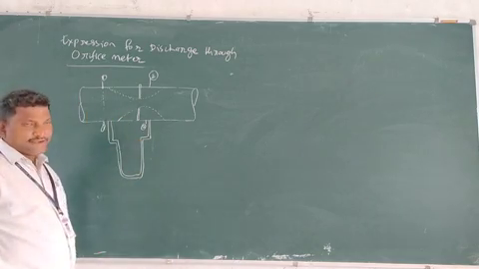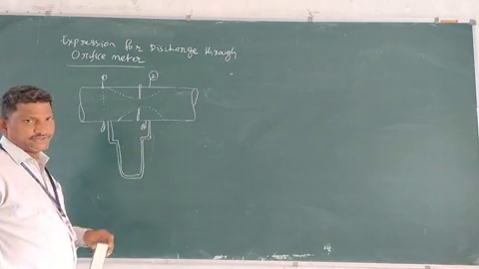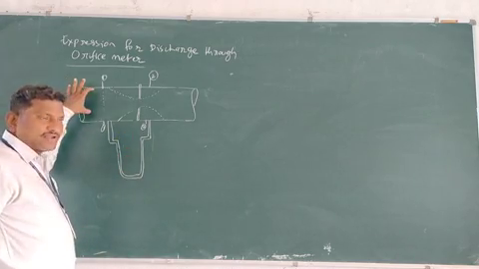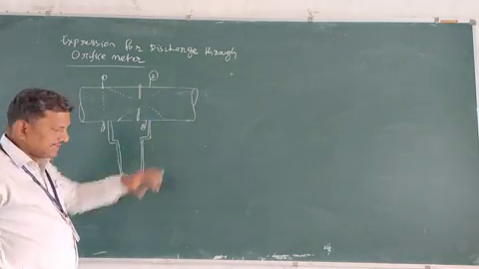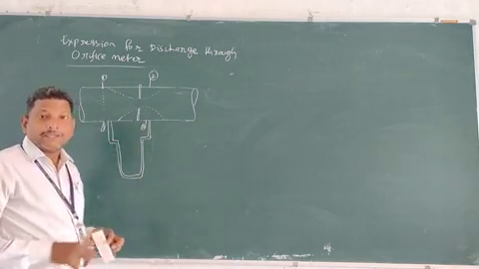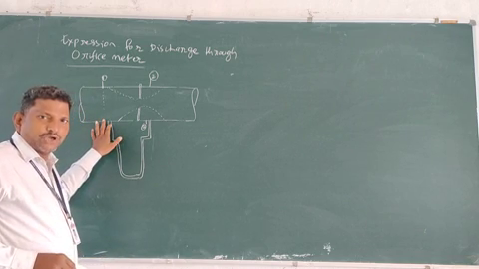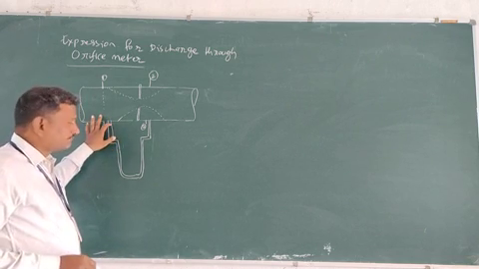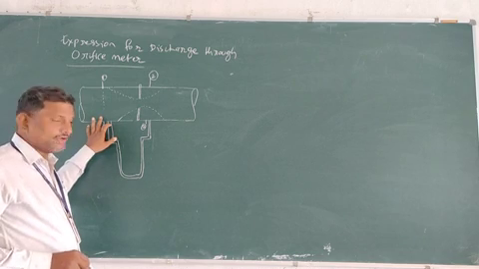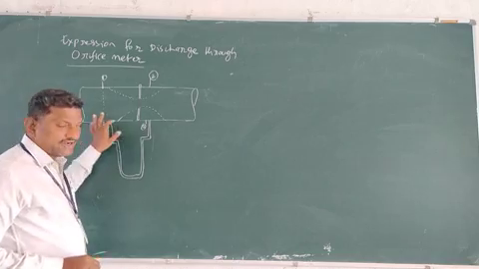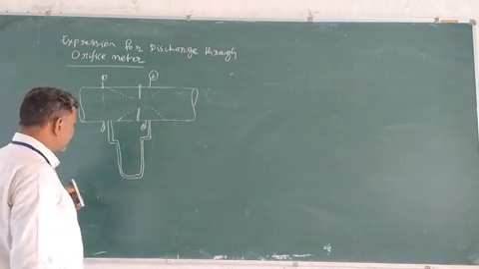For that we are considering one orifice meter and we are taking one U-tube manometer and connecting the manometer at the left side and the right side.